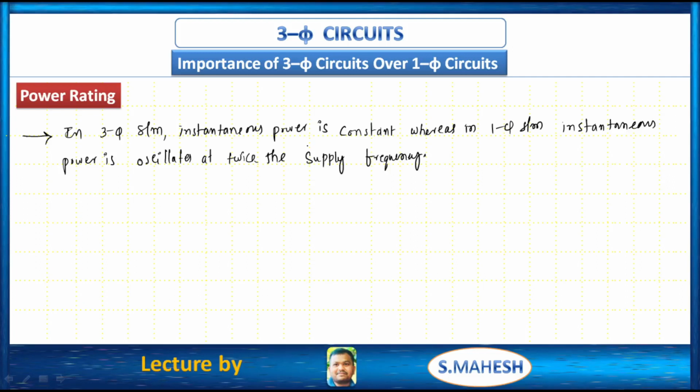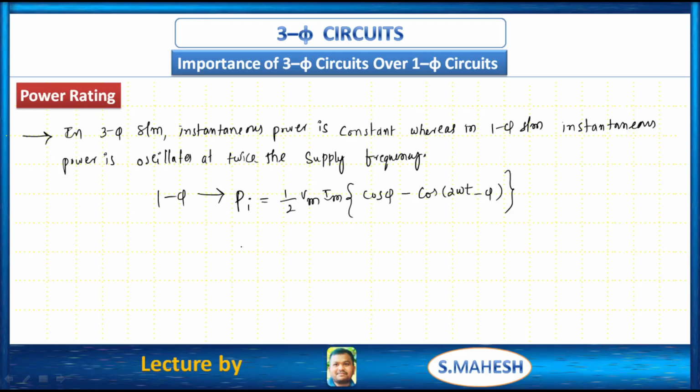What is the meaning of this? We all know that for a single phase system, what is the power? Instantaneous power is half Vm Im into cos phi minus cos of 2 omega t minus phi, right?